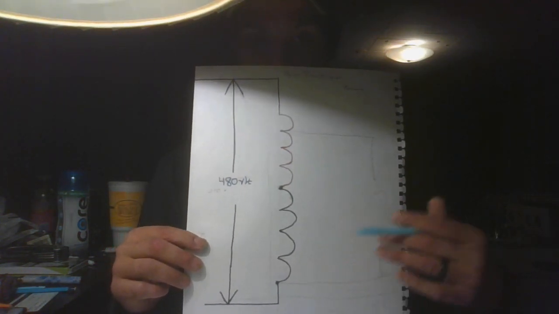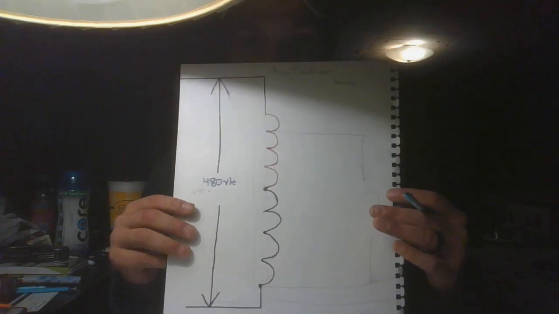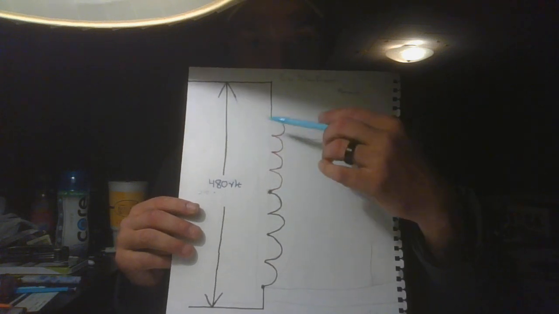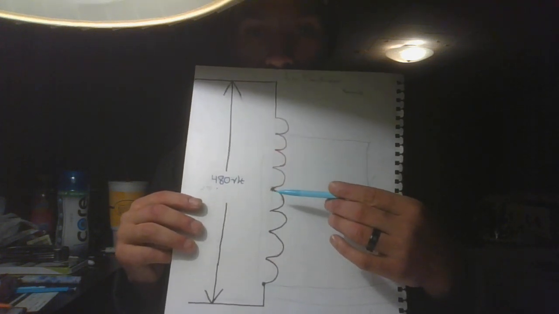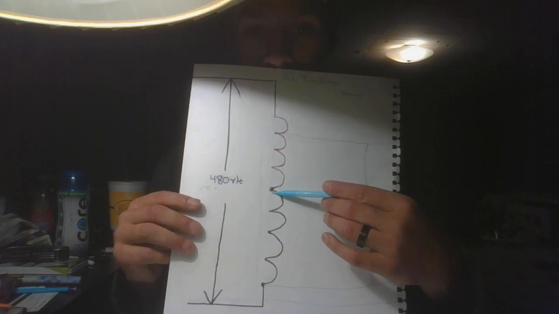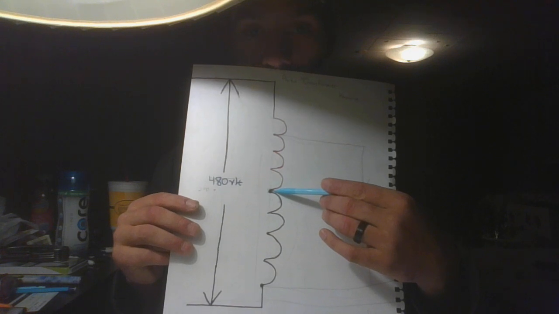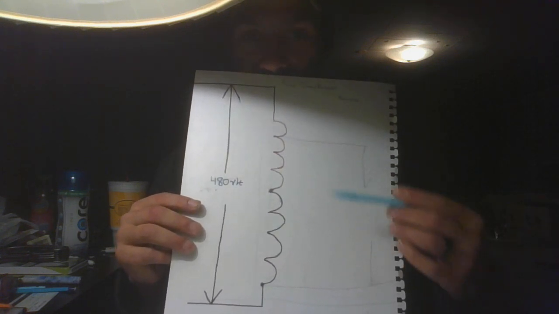Okay, so now in the example of this auto transformer right here, we've got one winding. There ain't no primary and secondary. There's one coil here. Now our points of reference are going to be different if this is fed with alternating current, because 0 point in an alternating current system is going to be right dead center of the coil. Because in an alternating current, this winding is experiencing a sine wave.